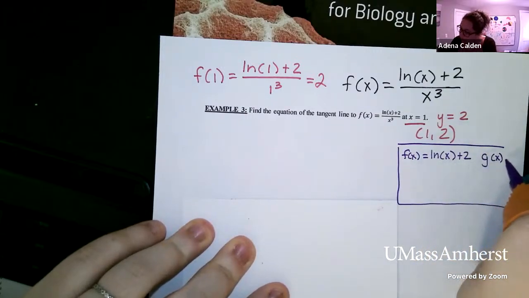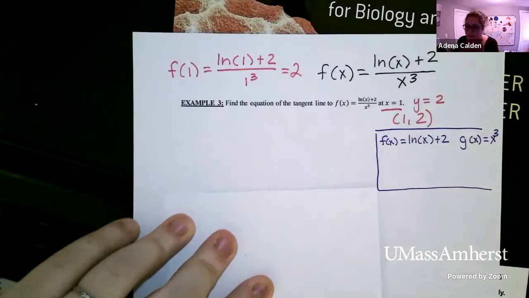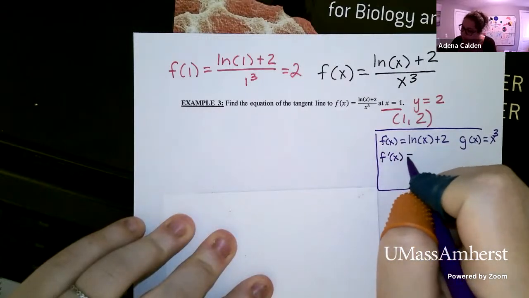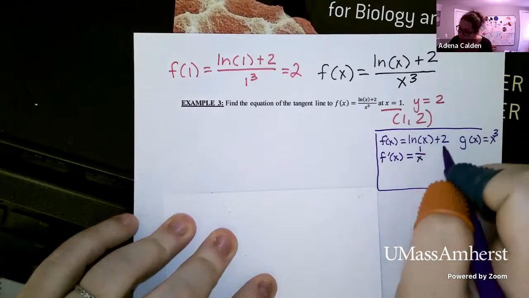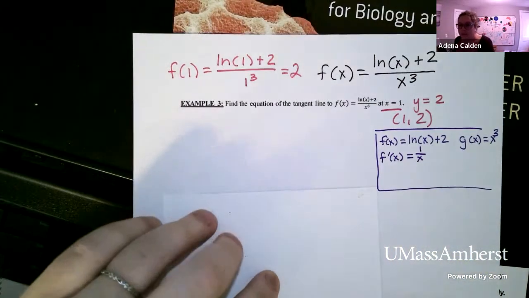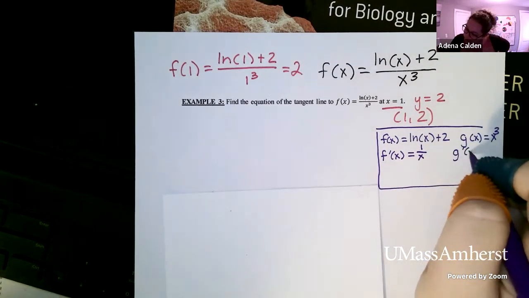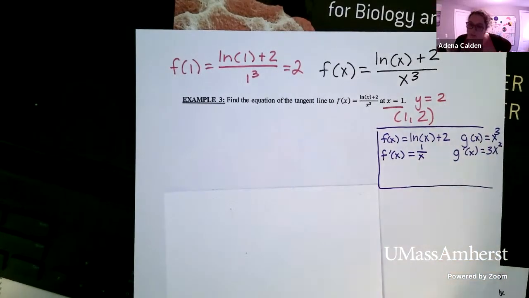And our g of x is x cubed. Okay, now we want to find each of their respective derivatives. The derivative of the natural log of x is 1 over x, and the derivative of 2 is 0 because 2 is a constant. And then over here, the derivative of x cubed is going to be 3x squared.